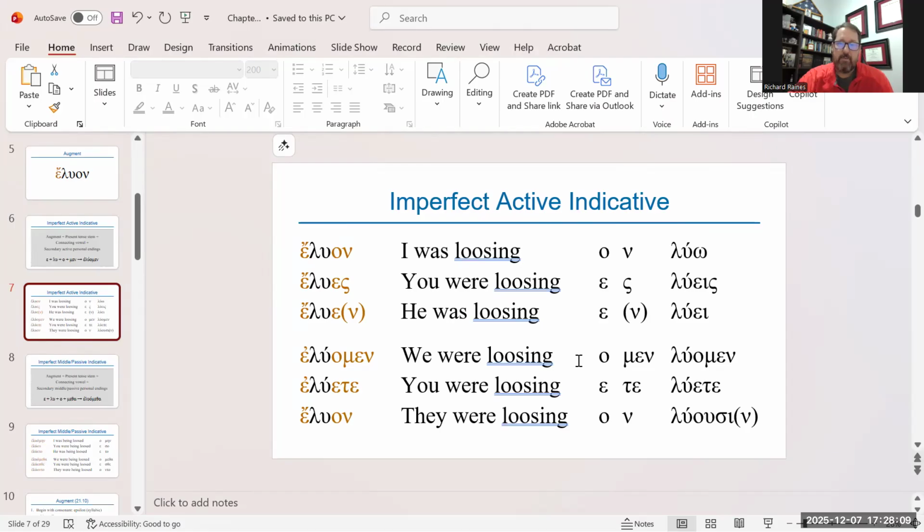It's that helping verb, were and was, that's going to be key, and then the -ing on the English verb. So I was loosing, you were loosing, he was loosing, we were loosing, you were loosing, or y'all, and they were loosing. So that's the imperfect active indicative.